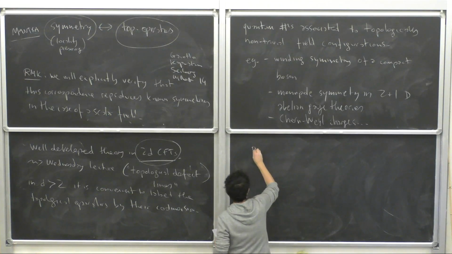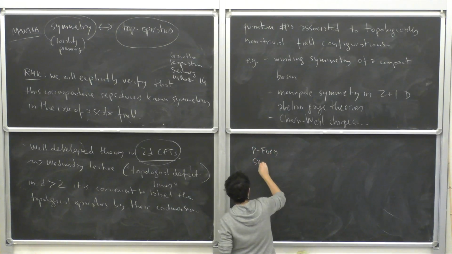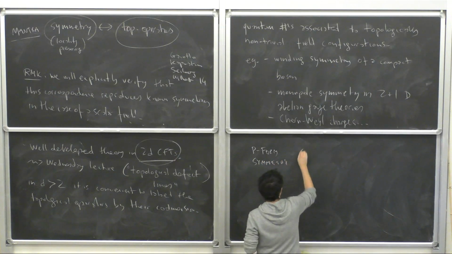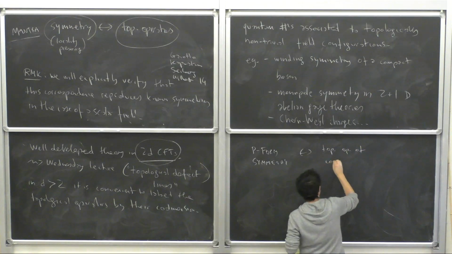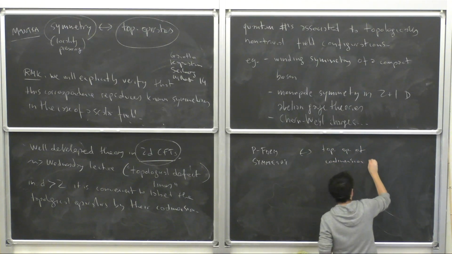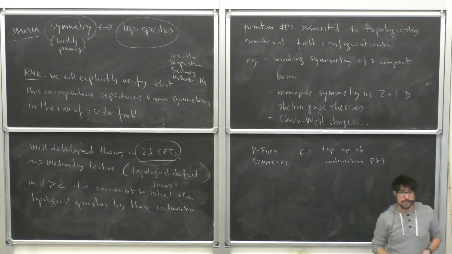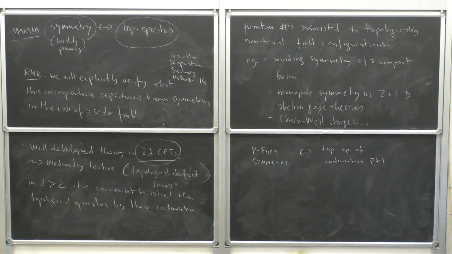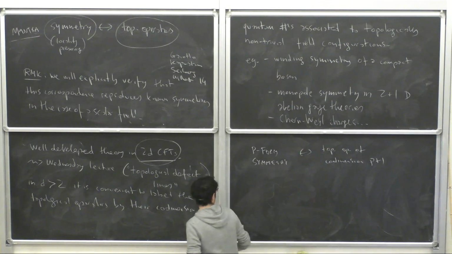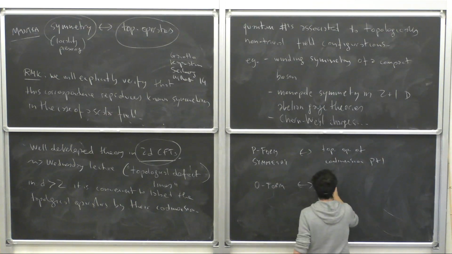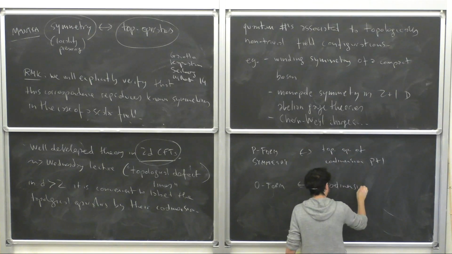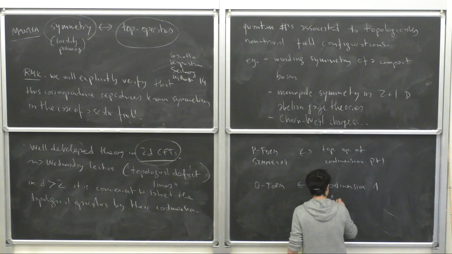A p-form symmetry, from this perspective, would be a topological operator of codimension p plus 1. Do you remember what is the codimension? Yes, you're all familiar with it? Okay. In particular, zero-form symmetries are those of codimension 1, and the ordinary symmetries fit in this class.